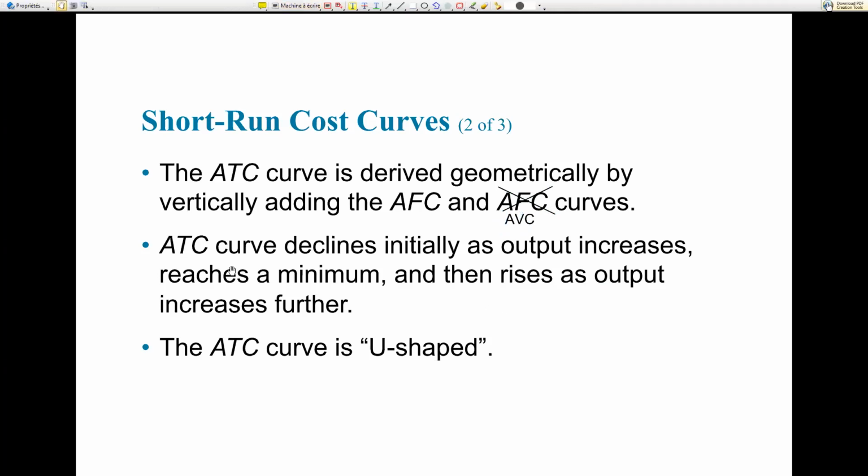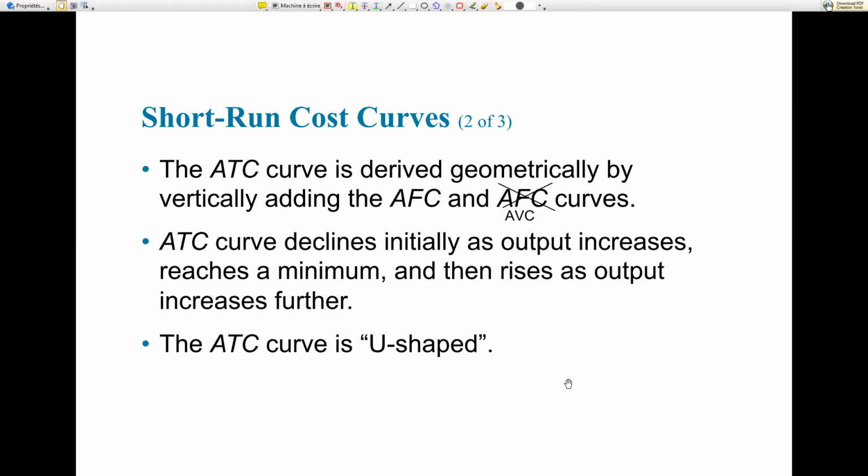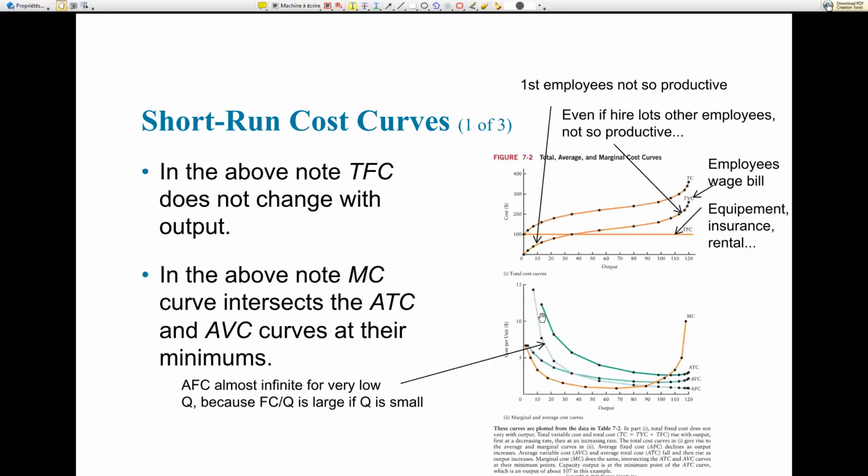Average total cost declines initially as output increases, reaches a minimum, and then rises as output increases further. This is because initially people get more productive or more efficient at what they do. But then if I hire too many people, they don't have anything to do. So the average total cost is U-shaped.